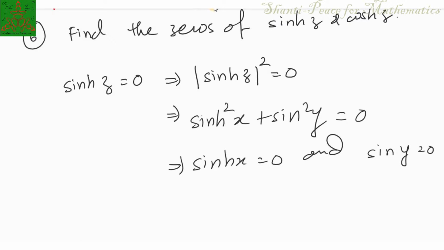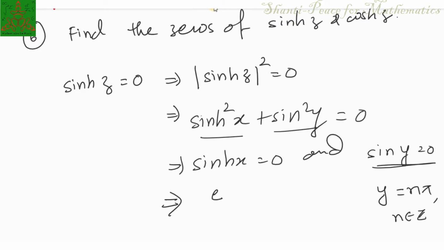Because this is positive and this is also positive, and the sum of two positive numbers is 0, both numbers have to be 0. So sine y is 0 implies y will be n pi, where n belongs to Z, and sine hyperbolic x is 0 implies e power x minus e power minus x by 2 equal to 0.